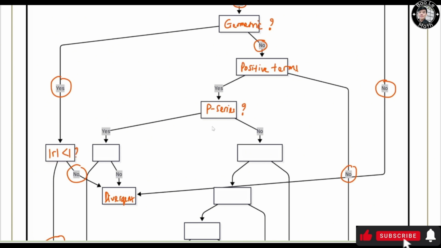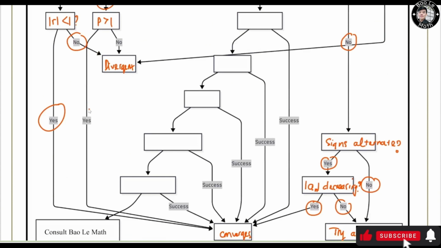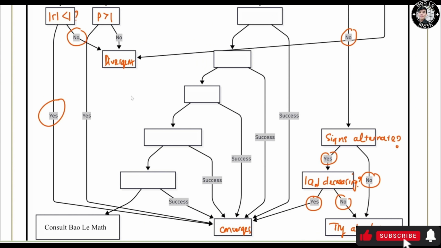Now you're going to check to see if this series is a p-series. If it is, then check to see if p is greater than 1. If yes, then the series converges. If no, then the series diverges.